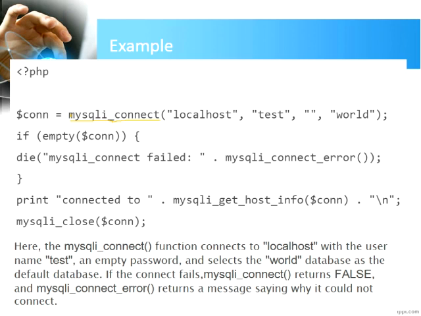So this is a predefined instruction or function. So we will use connect with MySQLi, and after that we have to specify some arguments. So if we write localhost, what's the meaning of localhost?